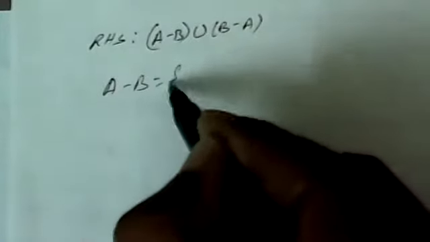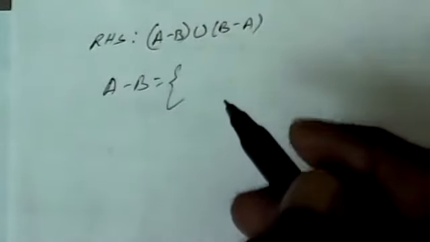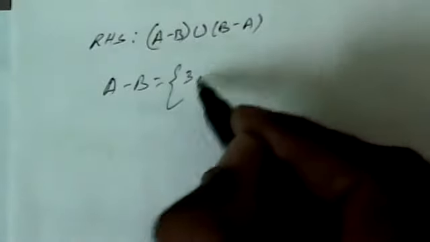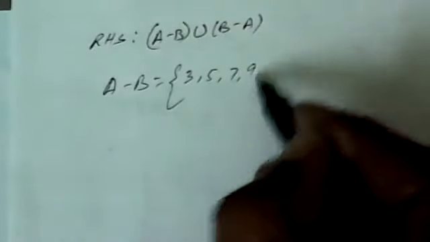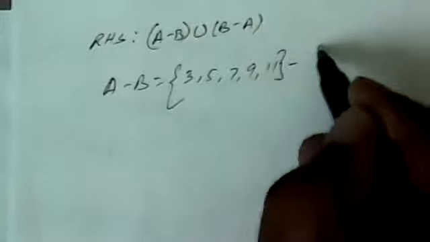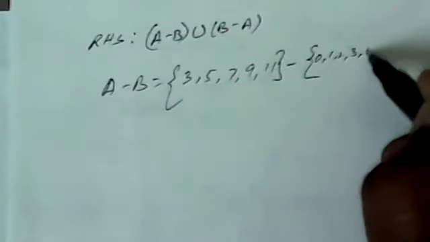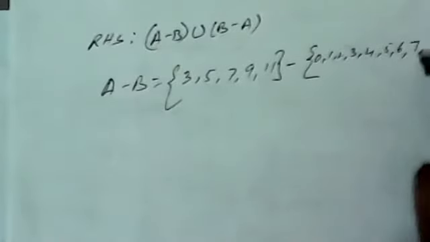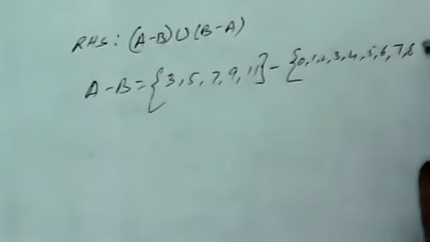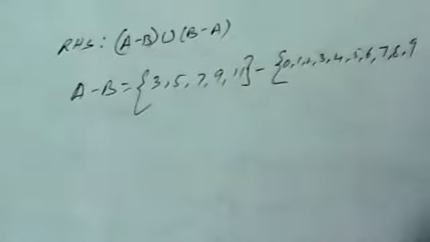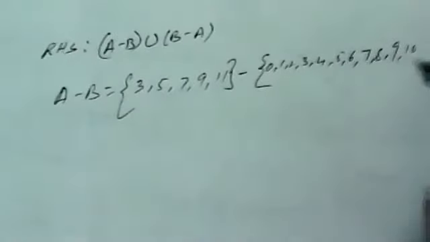So A minus B is equal to, take the elements of set A, 3, 5, 7, 9, 11, minus B, 0 to 12: 0, 1, 2, 3, 4, 5, 6, 7, 8, 9, 10, 11, 12.